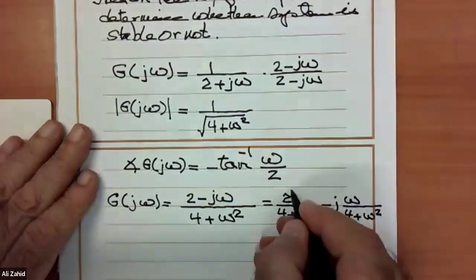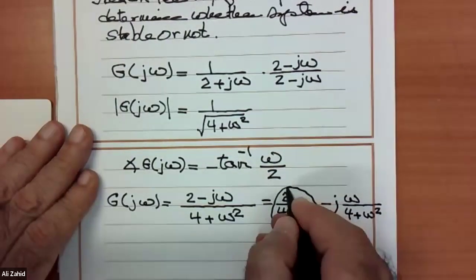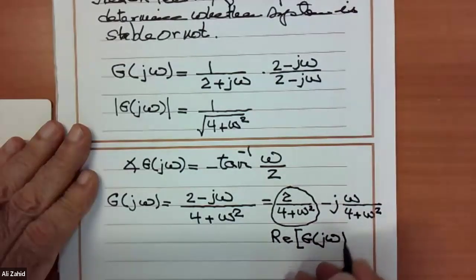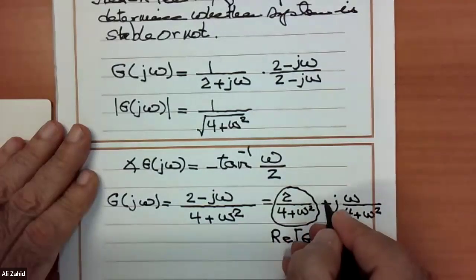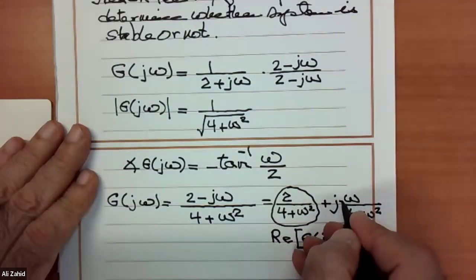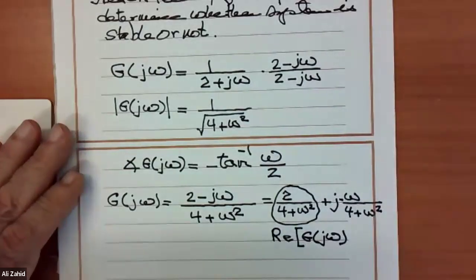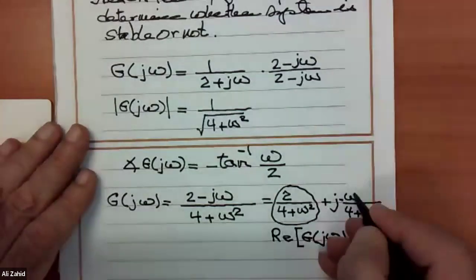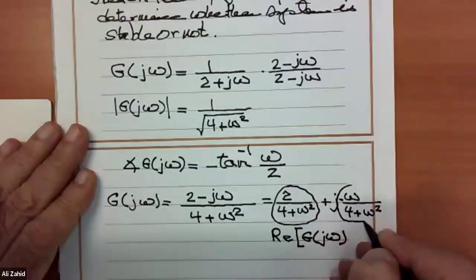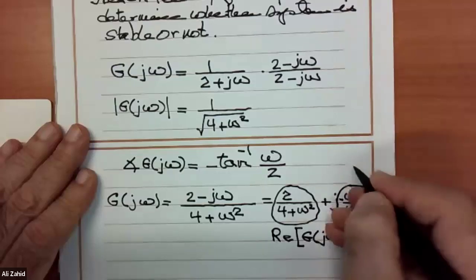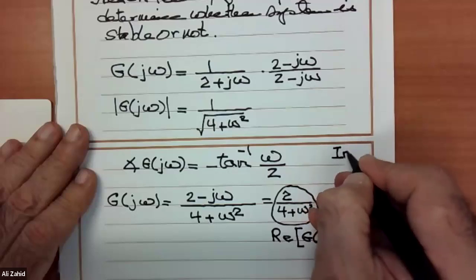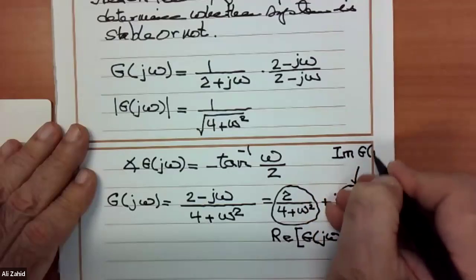Yes. Okay. This is the real part of G of J omega. This, by the way, I'm going to change into plus and put a minus sign here. Did you get it? Yes. This, including the minus sign, is the imaginary part of G of J omega.